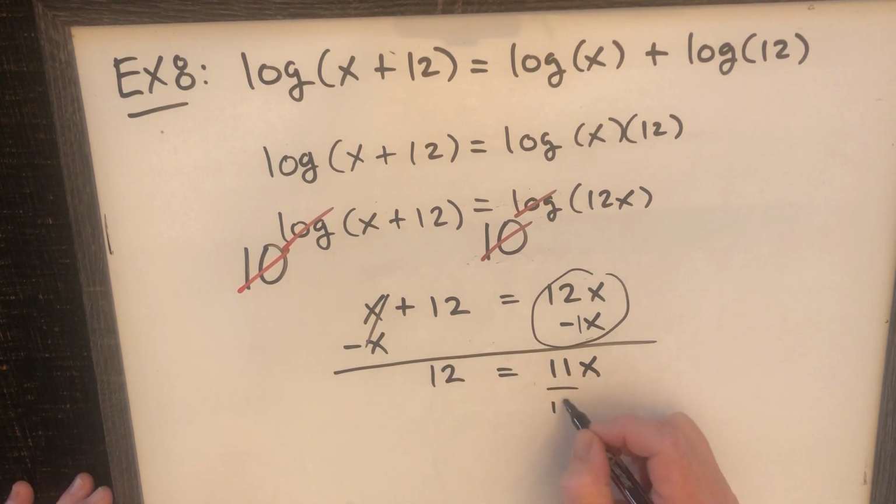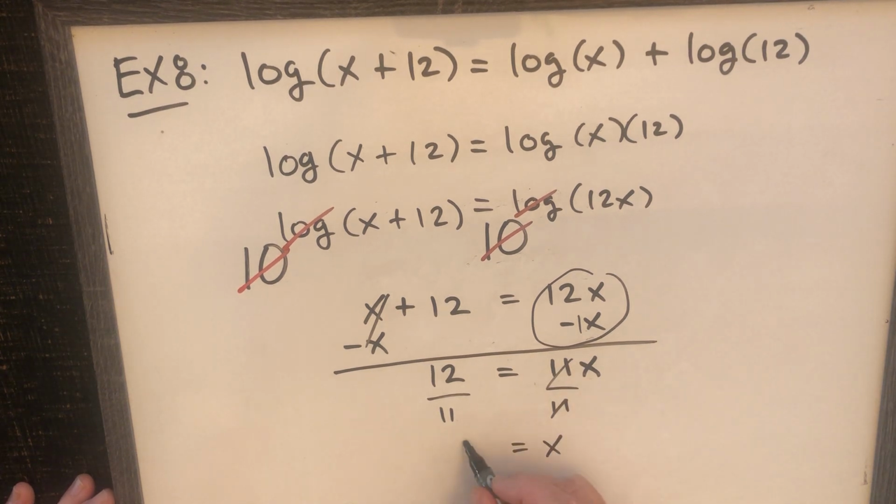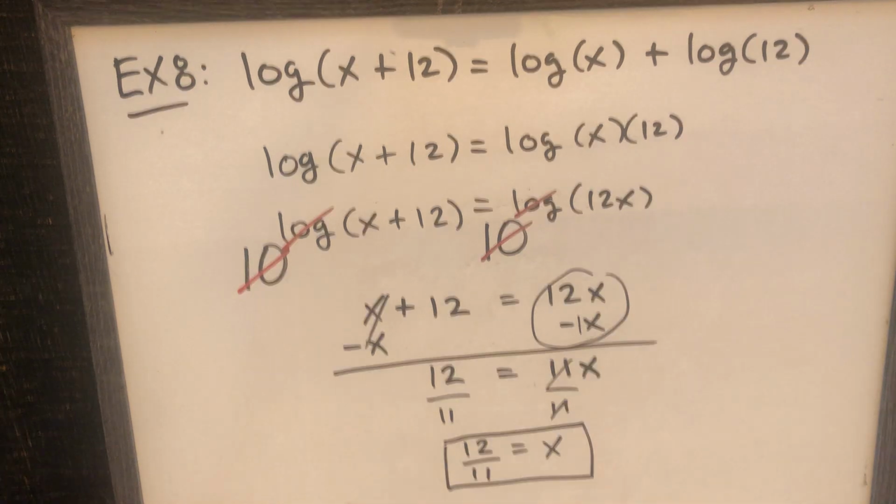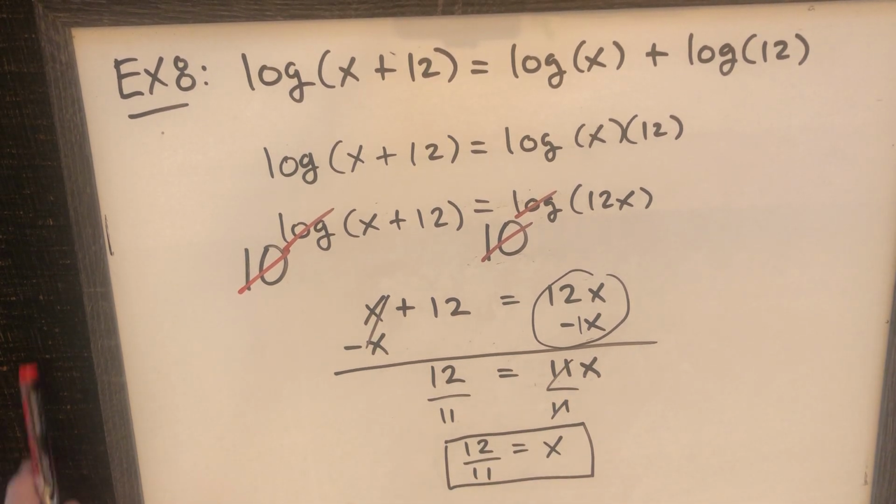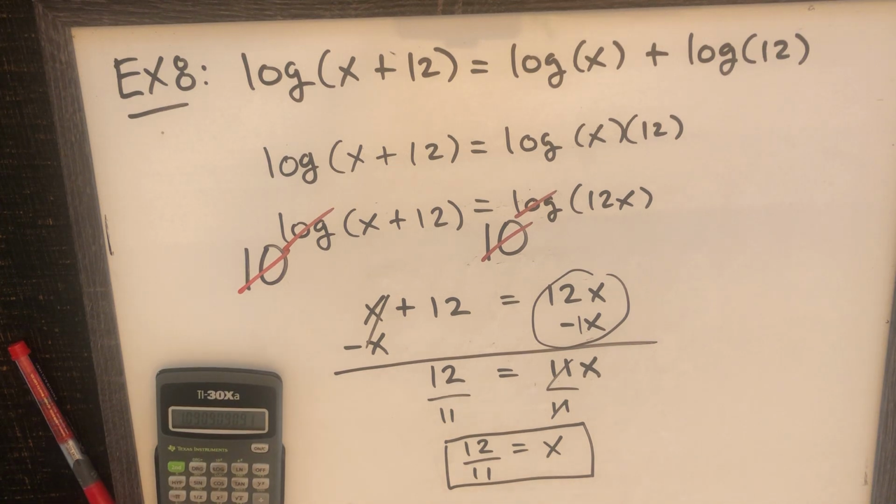And you see the last step is to divide both sides by 11. And we get an exact value of 12 11ths. I wouldn't bother approximating it. It's a repeating decimal, 1.0909090909. Let's just leave it as 12 11ths.